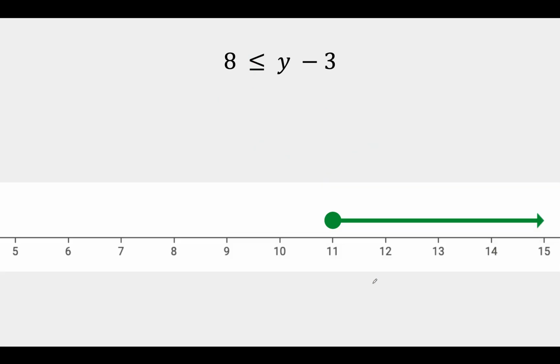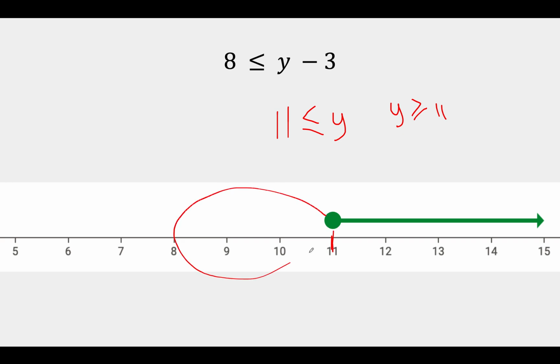So on our number line, we said that 11 is less than or equal to y. Another way of thinking about it is y is going to be greater than or equal to 11. So here's our number 11, and this here is our minus 3. And this, of course, is the 8 that we started with.